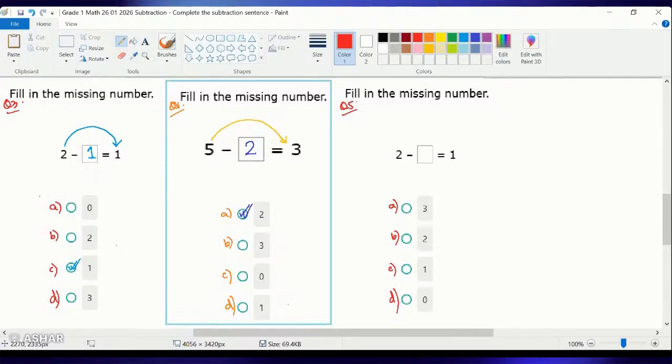So what should we subtract over here? We know that 2 minus 1 should be equal to?